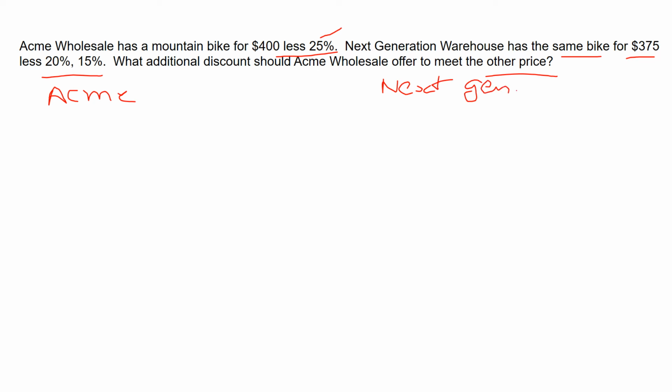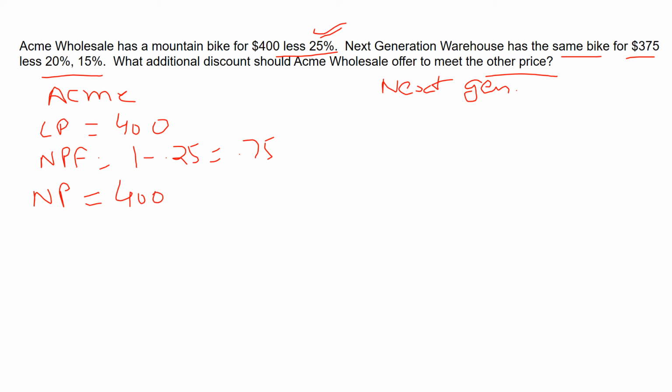For Acme, list price is 400 and the discount is a single discount of 25%. So net price factor is 1 minus 0.25, which is 0.75, and the net price is 400 times 0.75, which comes out to be 300.